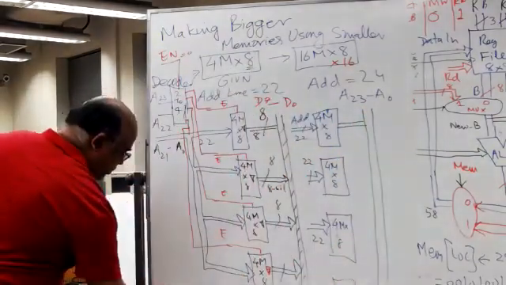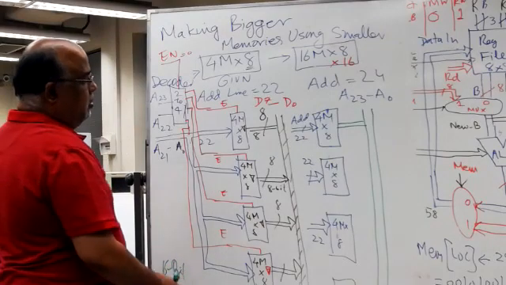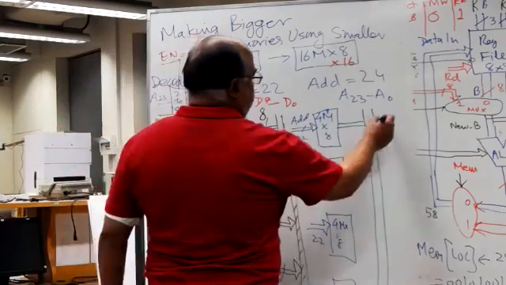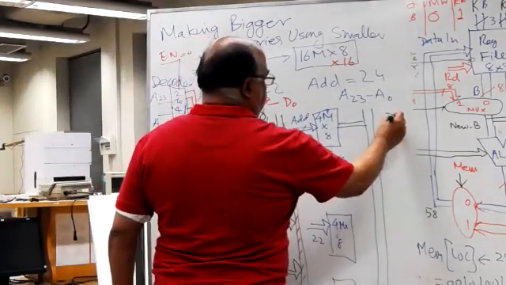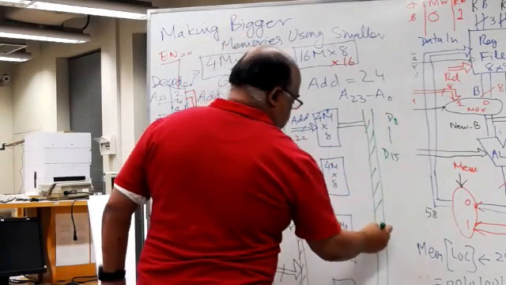So this will become a 16-bit data bus. The processor is 16-bit. So this will be D8 to D15, 16-bit data lines over here.